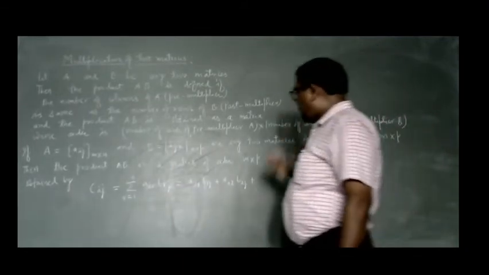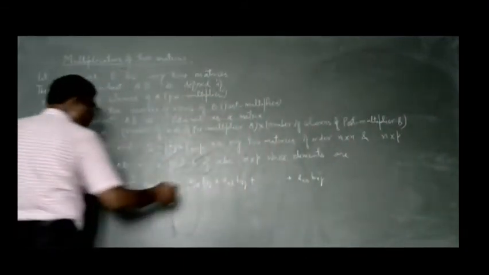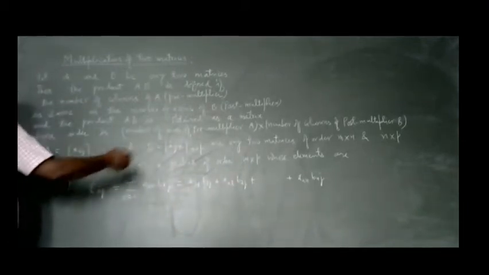So this is the way to multiply, and every ith element of this is obtained by this.